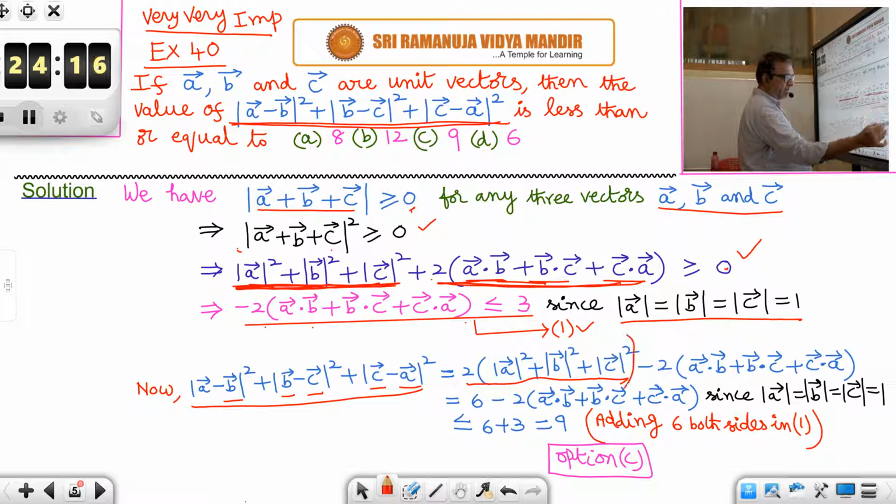Bracket I have to close. Next, here you get minus 2 a bar dot b bar, here minus 2 b bar dot c bar, and here you get minus 2 c bar dot a bar. Minus 2 common, and in the bracket I have written this. And mod a, mod b, mod c being 1, so 2 into 1 plus 1 plus 1, 6.